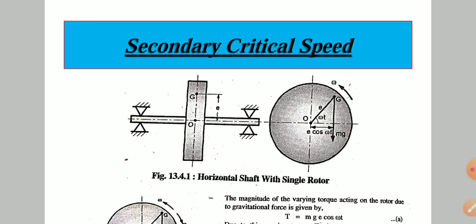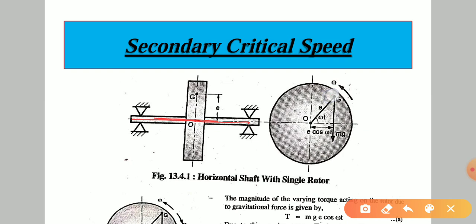unbalanced mass. Whereas in the case of horizontal shaft, earlier we discussed the vertical shaft. Now here it is the case of horizontal shaft. Apart from the main critical speed, large amounts of vibration are observed at half of the critical speed due to the effect of the center of gravity of the rotor.